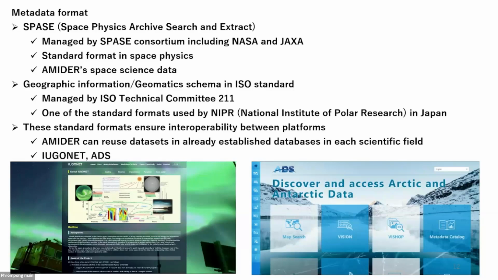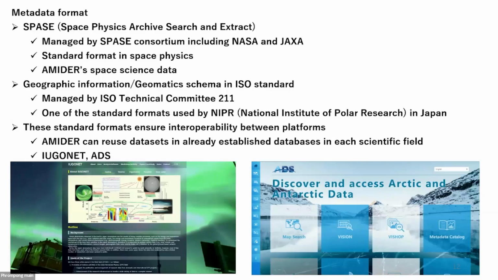And another format is the Geographic Information Metadata schema, an ISO standard. It's one of the standard formats used here for research in Japan. So these standard formats serve as interoperability platforms.